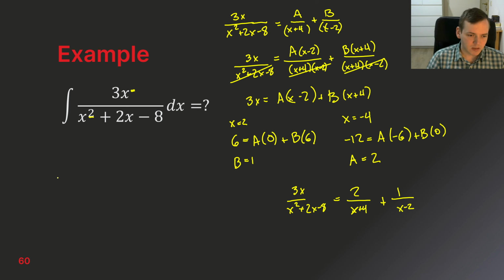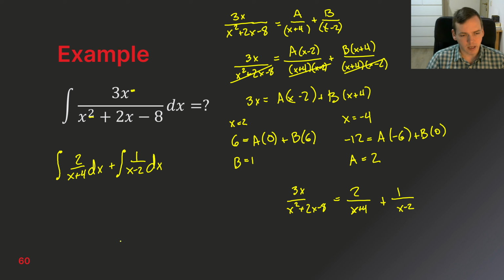So all of that lets us come back over here and say that this integral is also equal to the integral of 2 over x plus 4 dx plus the integral of 1 over x minus 2 dx.